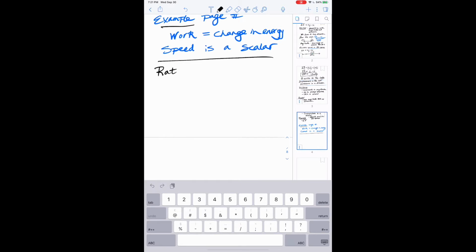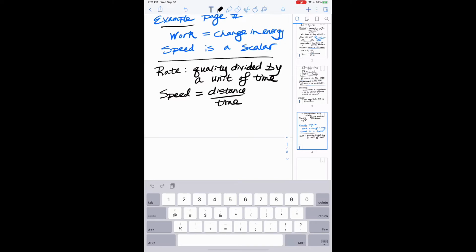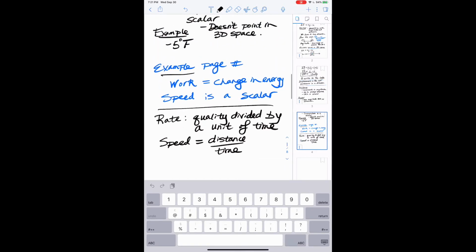A rate is a quantity or a quality divided by a unit of time. So speed is a rate, and speed is equal to distance divided by time. Time is a scalar, so we can add that up here to our examples.